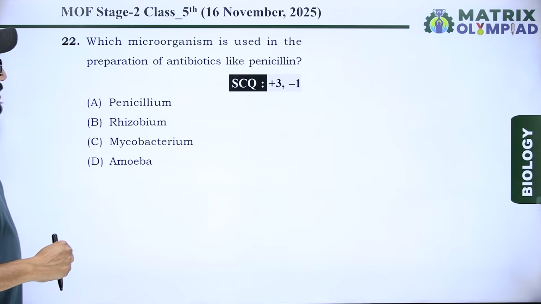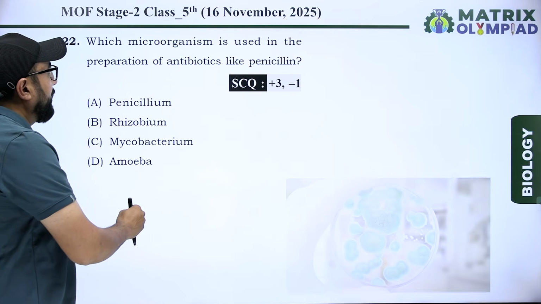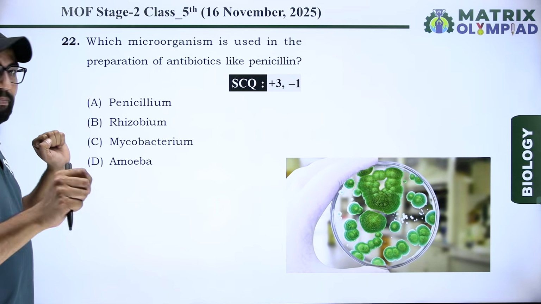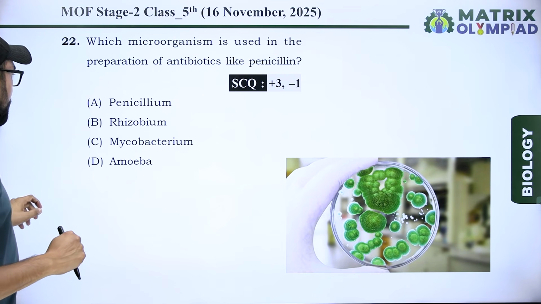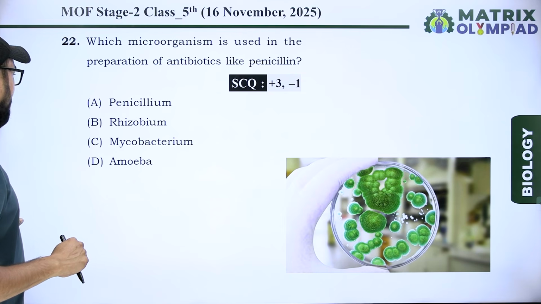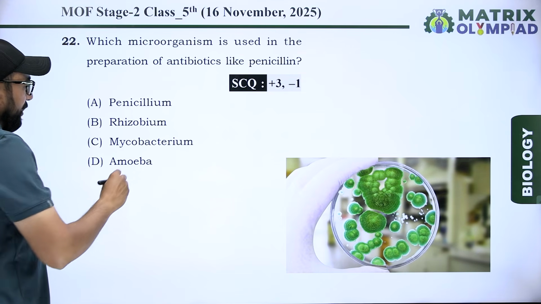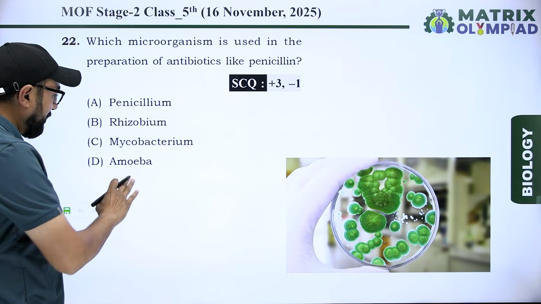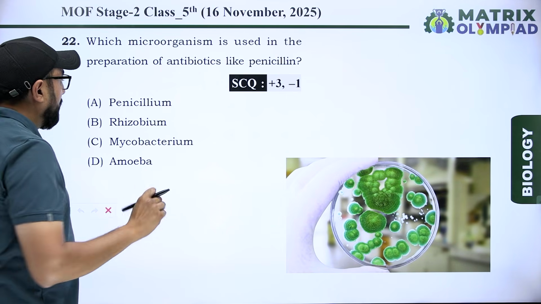Which microorganism is used in preparation of antibiotics like penicillin? First, penicillium. Second, rhizobium. Third, mycobacterium. And last, amoeba.